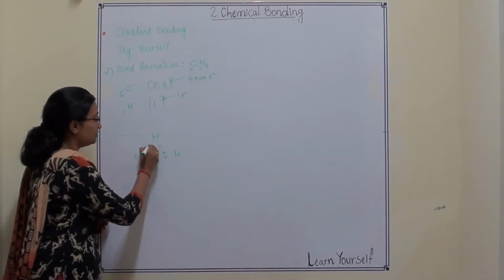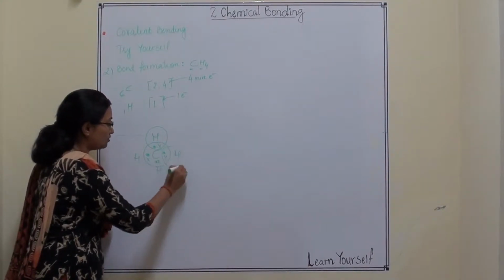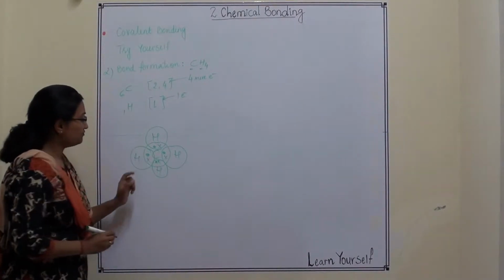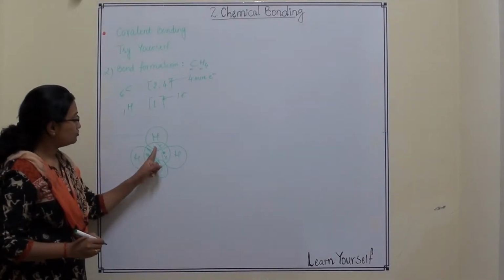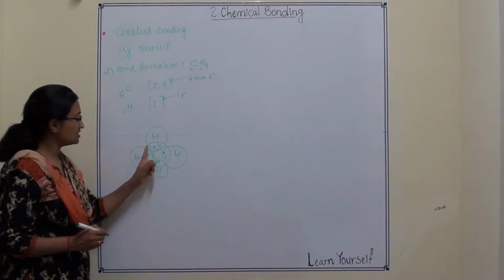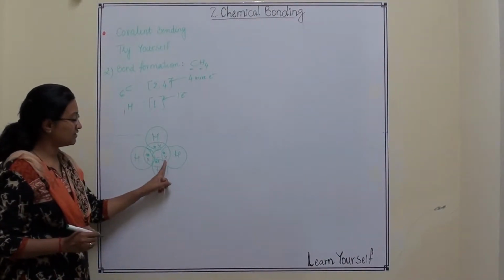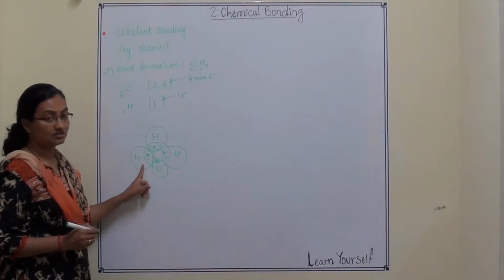So now we will just draw a Venn diagram to show how the electrons are being shared. So if you see that two electrons are being shared, 1 pair of electrons, and this hydrogen will complete its duplet, this hydrogen will complete its duplet, and same with this hydrogen and this hydrogen.